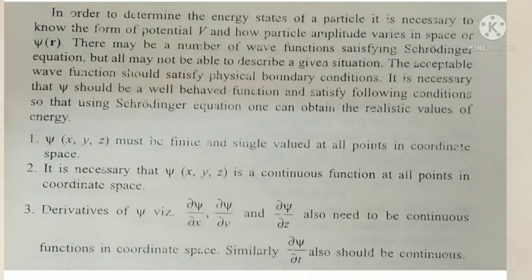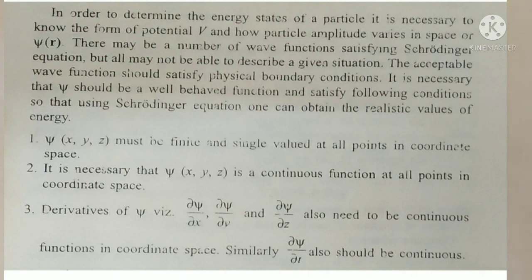So what are the physical boundary conditions? Let's discuss. In this image we can see that psi should be a well-behaved function and satisfy the following conditions. First, psi must be finite and single-valued at all points over the coordinate space.